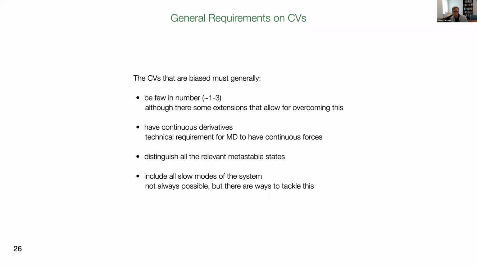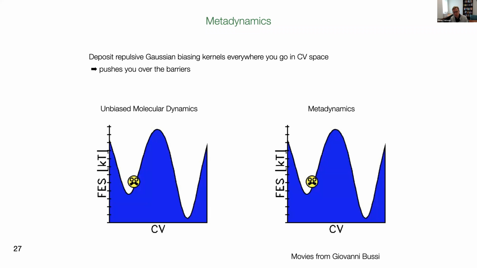Okay, so in meta-dynamics, the idea is that we run a simulation, and then periodically you deposit a repulsive Gaussian biasing kernel at the current location. So basically it's something like this figure here. Here in the unbiased simulation, we have a high free energy barrier that we cannot overcome.